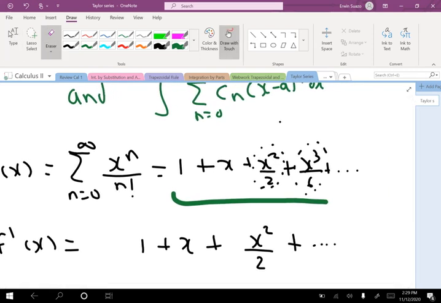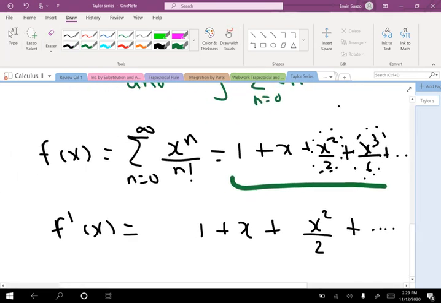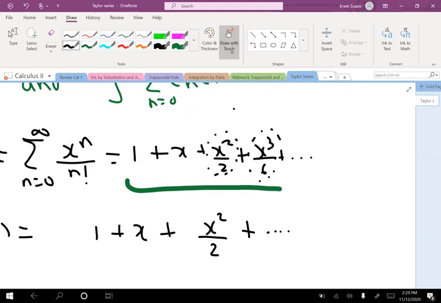This is the series for the exponential function. You don't know why, but I told you before. And when I find the derivatives term by term, I'm getting exactly the same. Look at this.